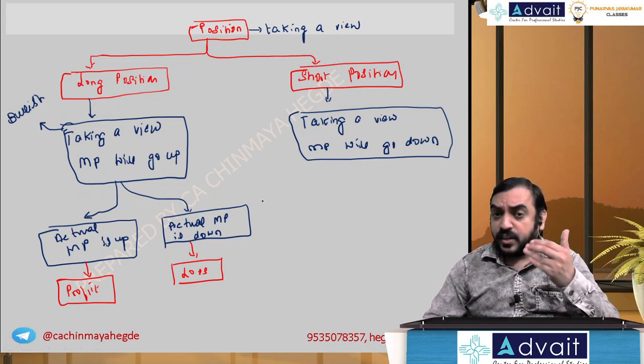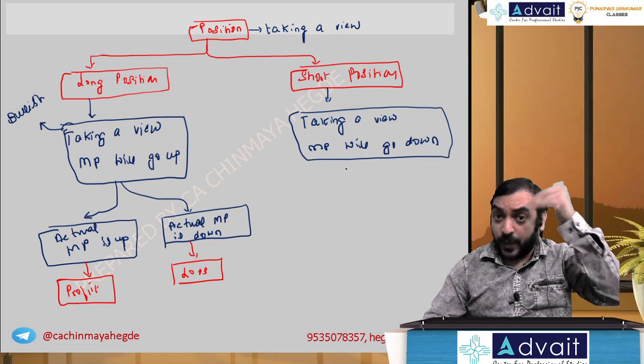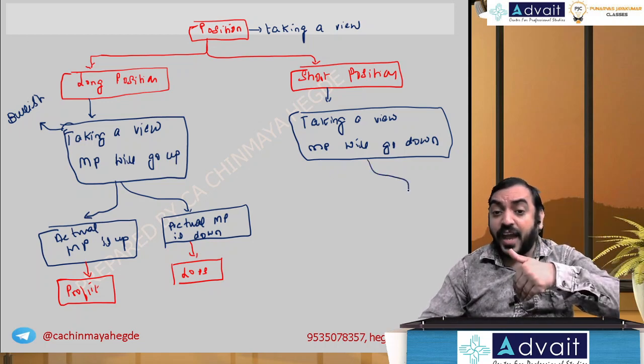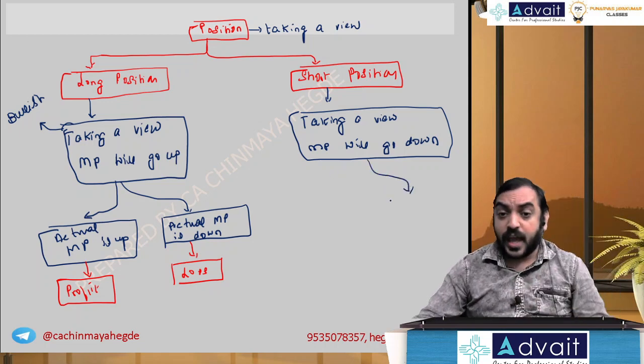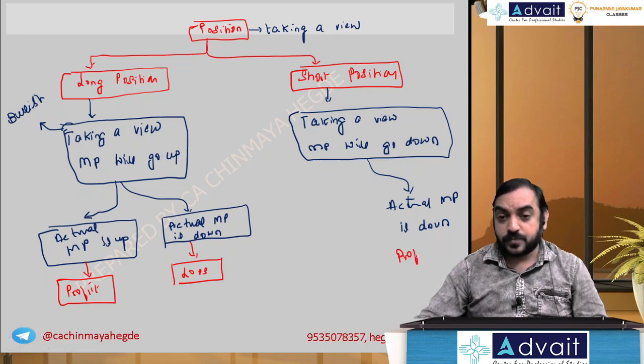And similarly, in the short position, you're expecting the market price will go down, and if actually it goes down, the actual market price is down as per your expectation, then you make a loss. Sorry, you make a profit.